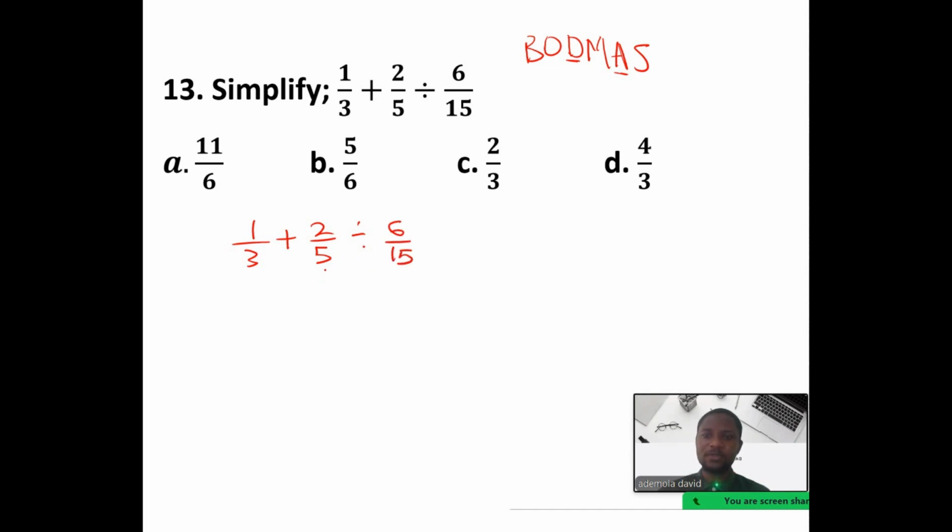So we will focus on the division, and here we just do our KCF. Repeat the 1/3 plus 2/5 times 15/6. 5 here 1, 5 here 3. 2 here 1, 2 here 3. So you have 1/3 plus 3 out of 3.